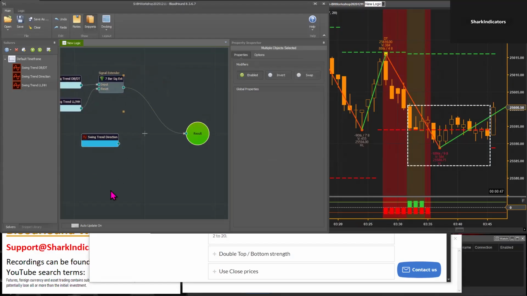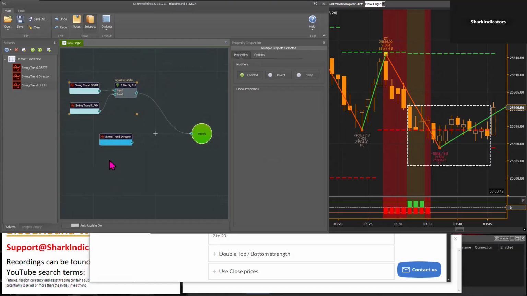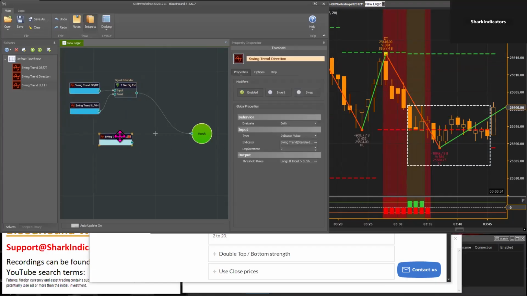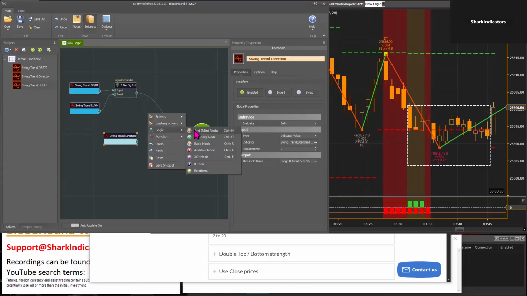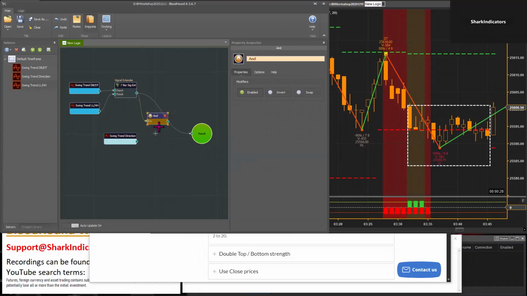What we're looking for is when this double top, double bottom, when the extension of that signal overlaps with our signal direction here. So next step is we need an output or an AND node here, sorry, and connect that in, and there we have it.